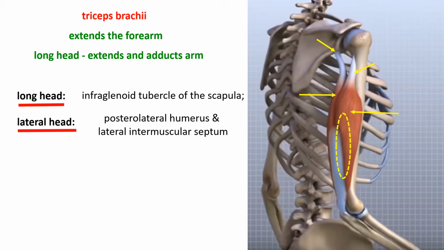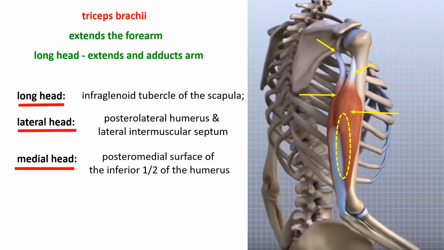And this oval-shaped dotted line is the place where the medial head is coming from. Posteromedial surface of lower half of the humerus, and it is supplied by the radial nerve, the nerve of extension.